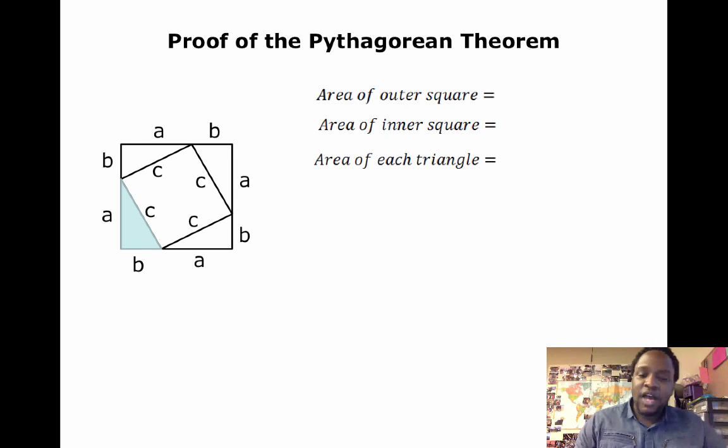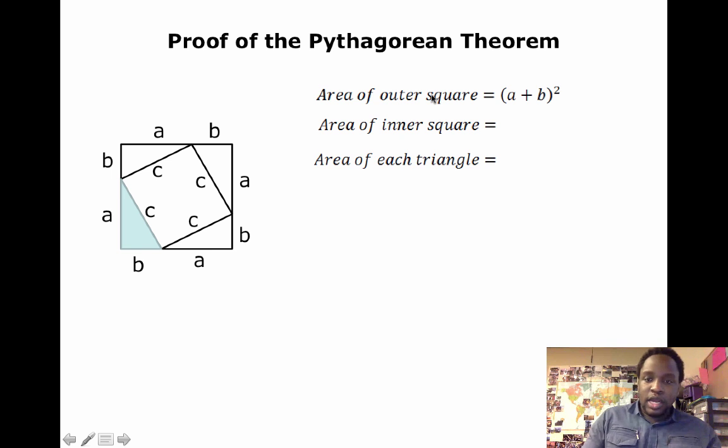So let's first find the area of the outer square. So area of a square would be like height times width or length times width, however you want to think about it. So this length is a plus b, and this width is also a plus b. So the area of the outer square is a plus b squared.